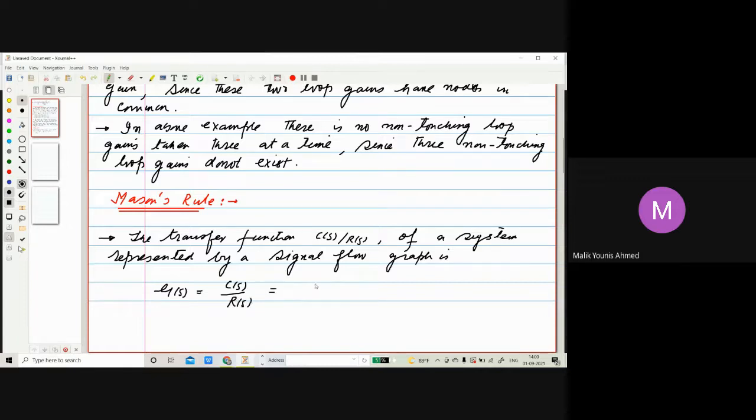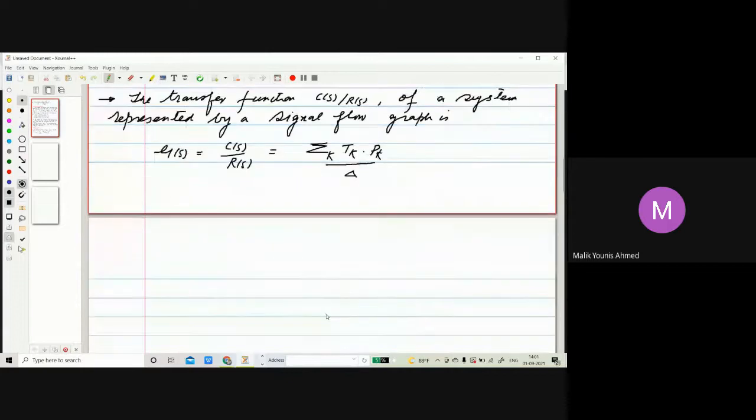So it will be summation over K, the paths. We'll see one by one what this is. Tk multiplied by delta k divided by delta. So let's see one by one what these all are.